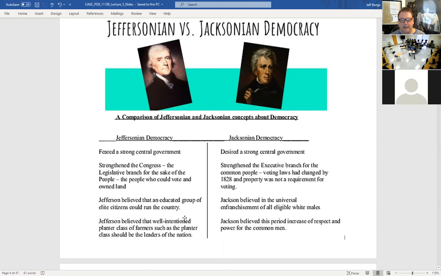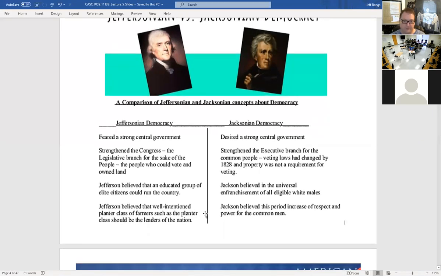Jefferson also wanted our cities. Jefferson would not want big metropolis cities. He would rather have small rural communities with farmers and planters.